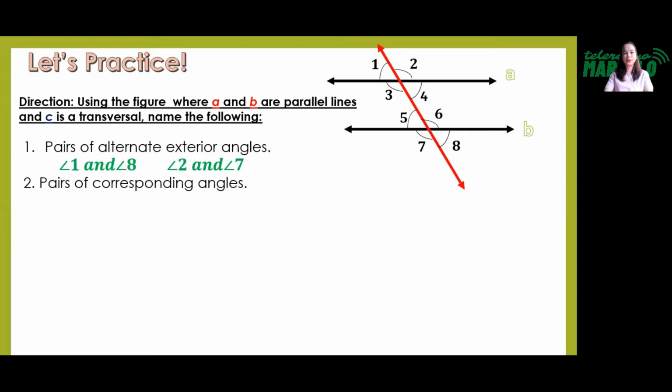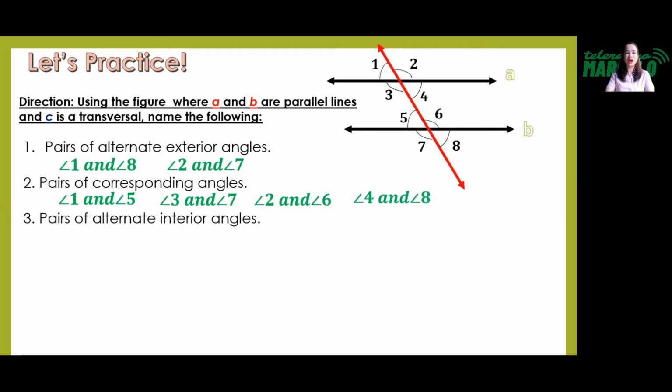Number 2, determine the pairs of corresponding angles. And those are angle 1 and angle 5, angle 3 and angle 7, angle 2 and angle 6, angle 4 and angle 8.